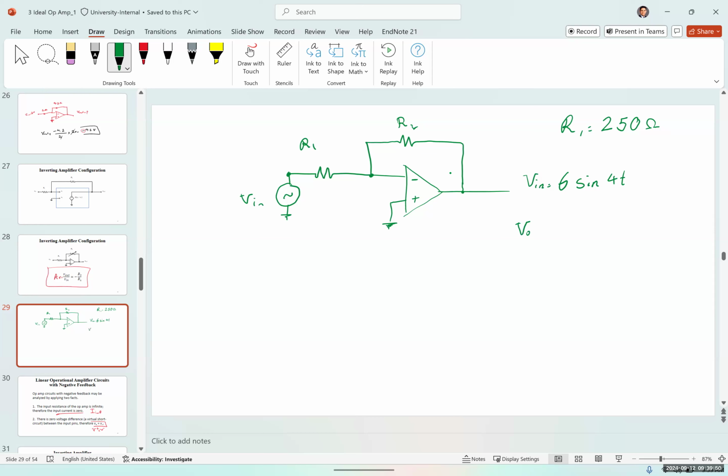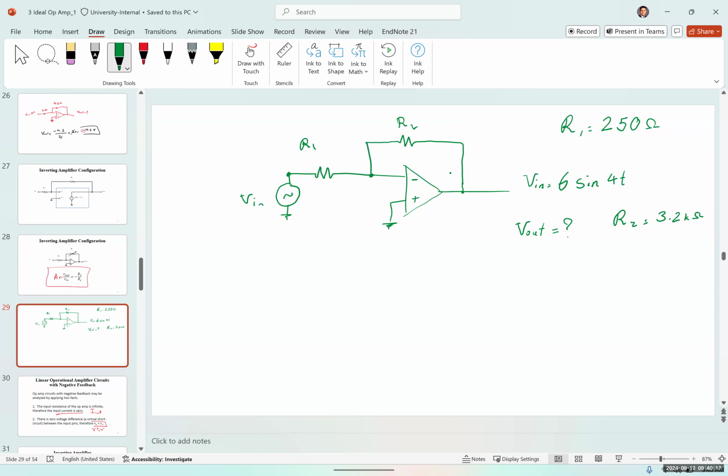We want to find the output when R2 is equal to, let's say, 3.2 kilo ohms.